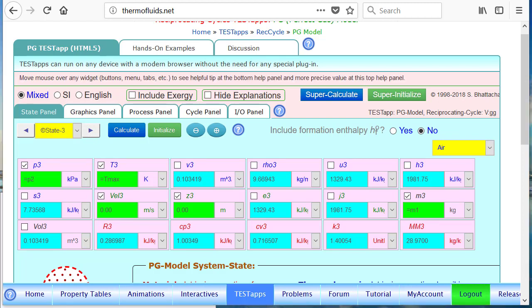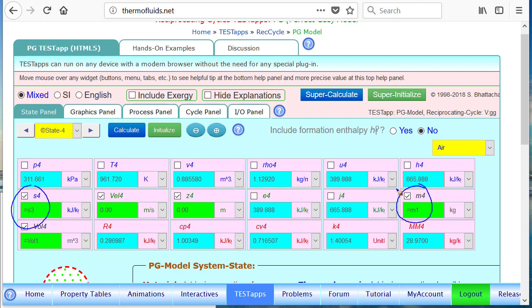State 3, pressure is of course an isobaric process, constant pressure heat addition. That's our fuel injection, and maximum temperature has been supplied. So these are my inputs along with mass. That completes state 3. State 4 is isentropic to state 3, therefore we should have S4 equals S3.